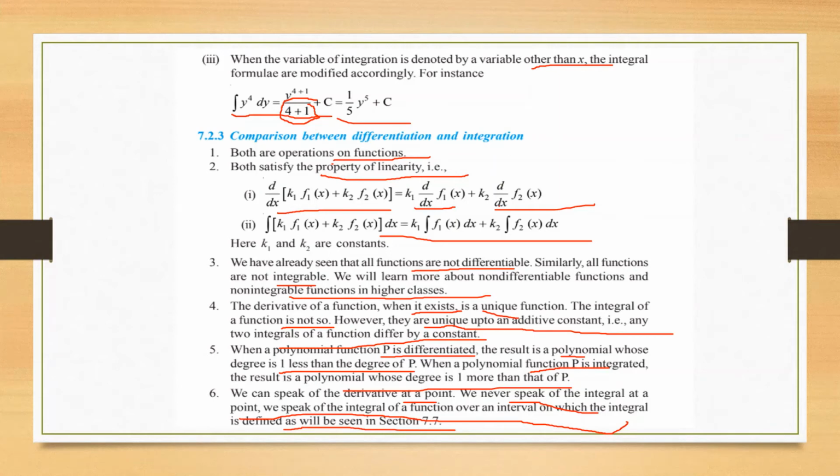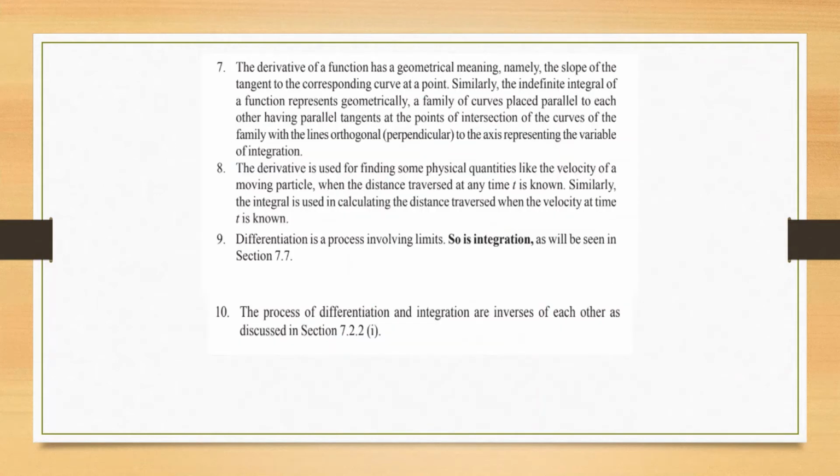The derivative of a function has a geometrical meaning, namely the slope of the tangent to the corresponding curve at a point. Similarly, the indefinite integral of a function represents geometrically a family of curves placed parallel to each other, as we have done in the example, having parallel tangents at the points of intersection of the curves of the family with the lines perpendicular to the axis represented by the variable of integration.